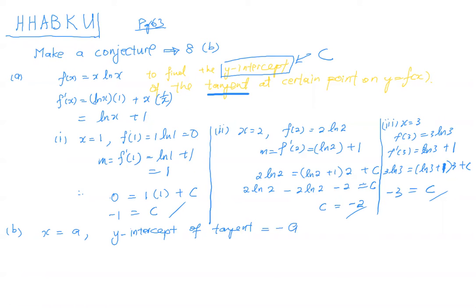You look for the pattern: 1, negative 1, 2, negative 2, 3, negative 3. So this is called conjecture. You look for a general conclusion. You look for a conclusion based on some specific evidence.